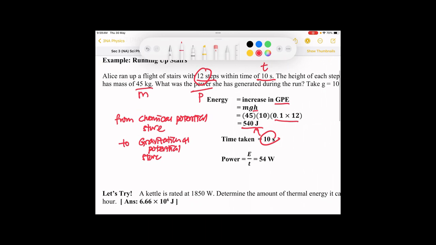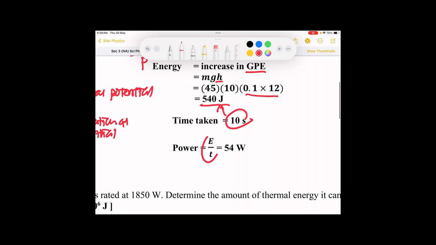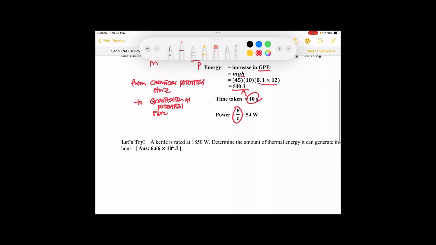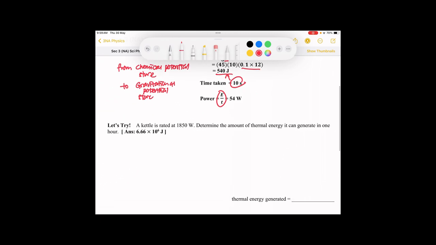Okay, from the food she eats. Okay, so in this case we're using, again, energy conversion, E over T. So 540 divided by 10, that gives you 54 watts. Okay, next.